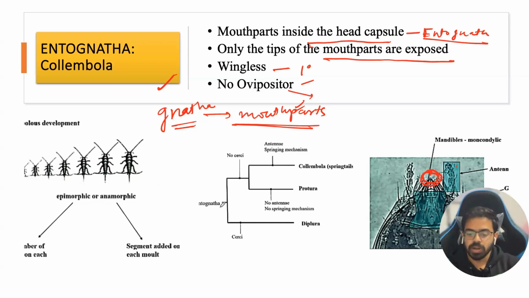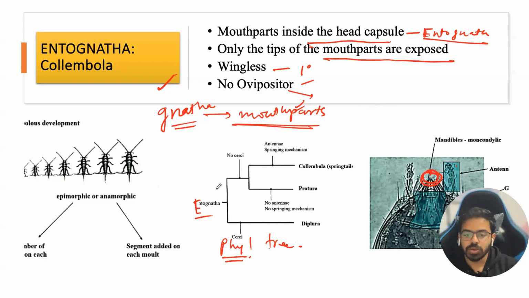One thing I have here is a phylogenetic tree. It is Entognatha. See how I have differentiated the characters. I have mentioned Entognatha comprises three orders: Collembola, Protura, and Diplura.